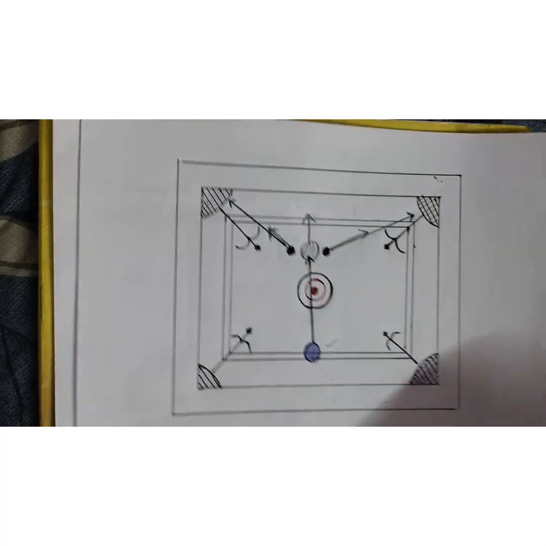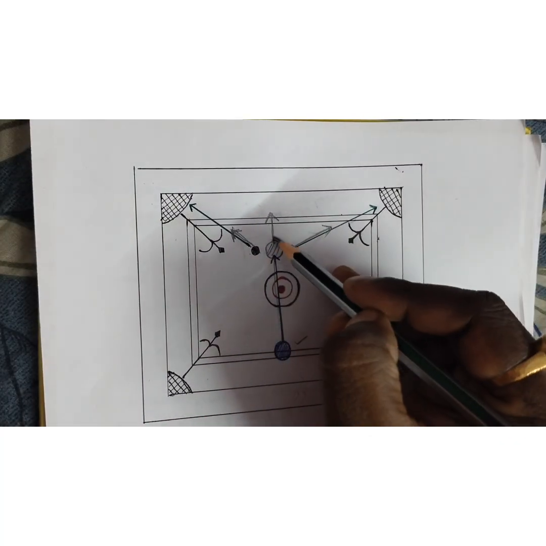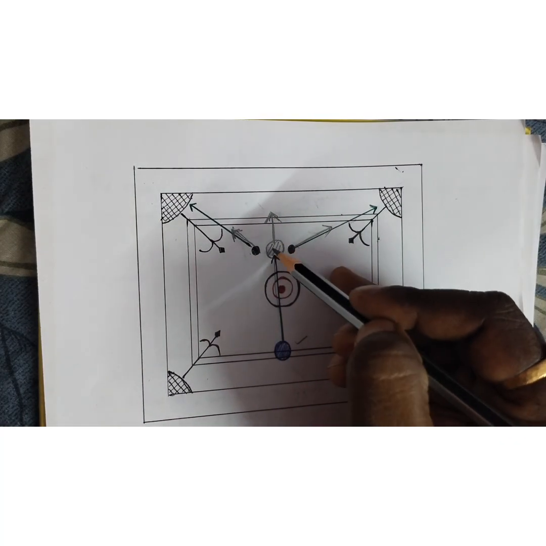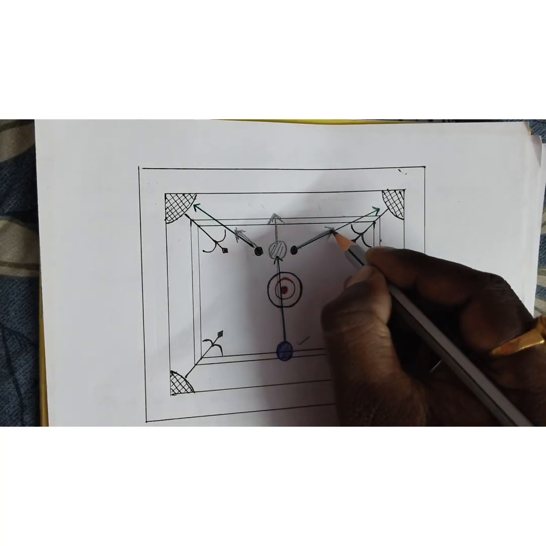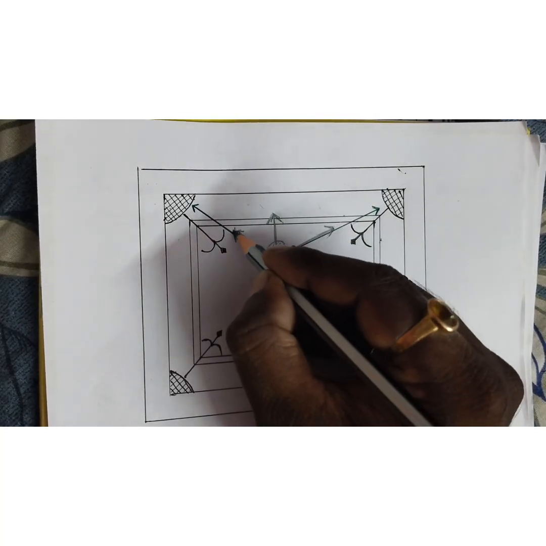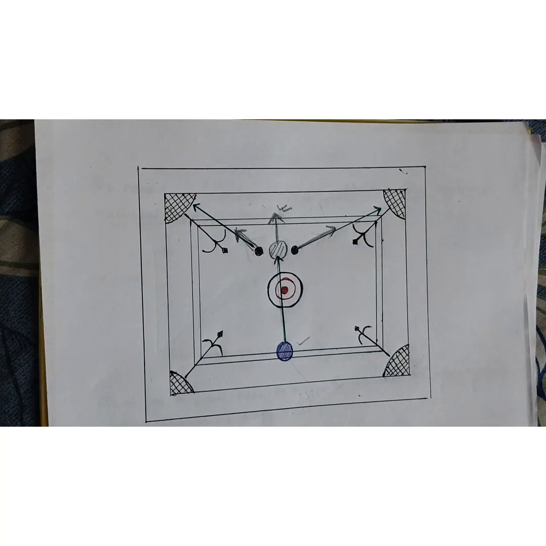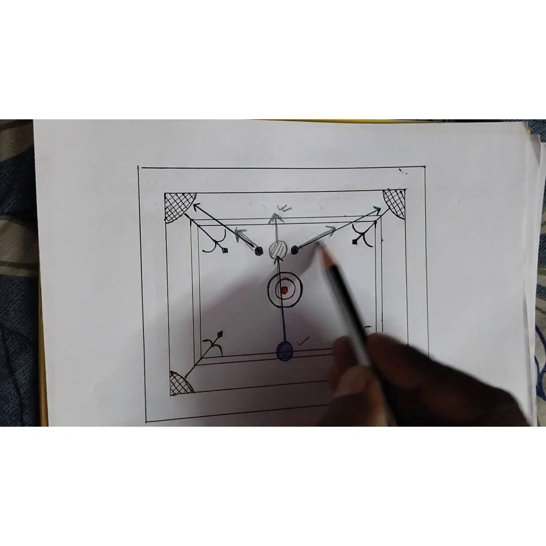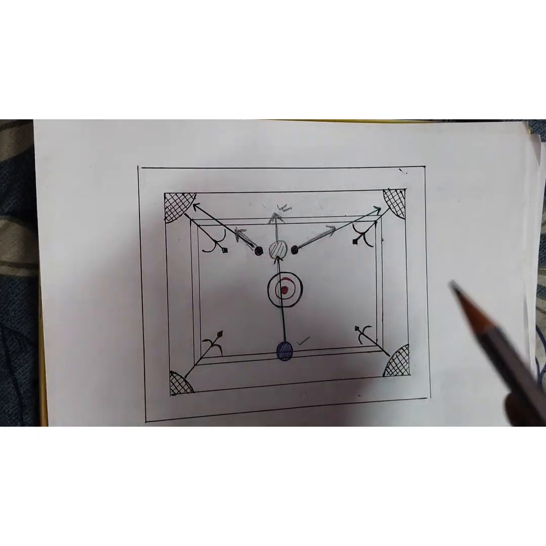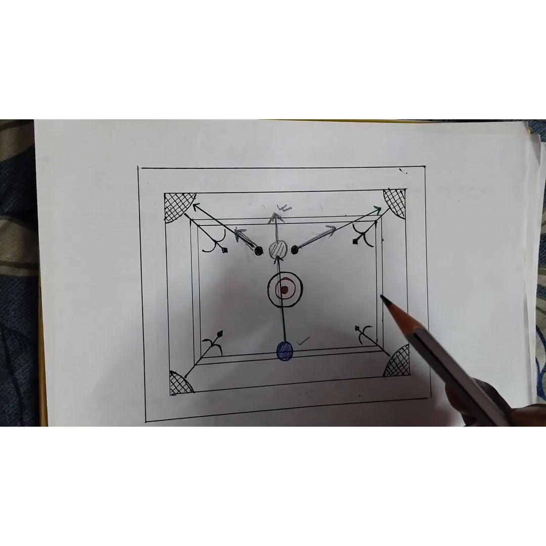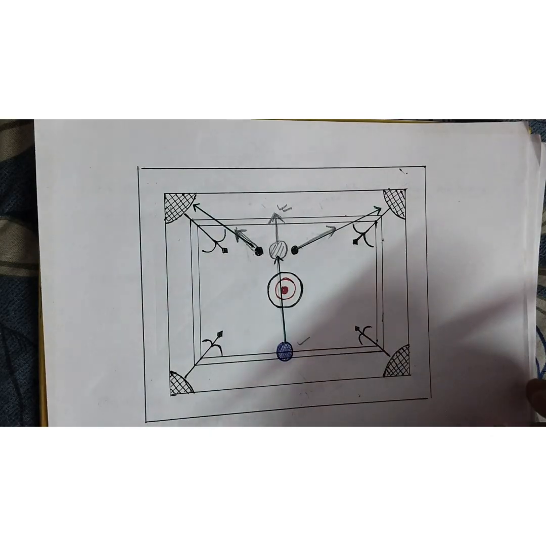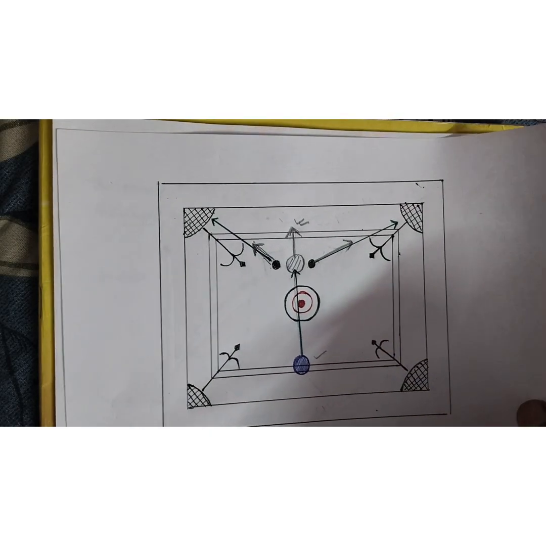That means in this case, this vector is split into two vectors, and these are the two component vectors of this vector. Due to these component vectors, the 2 points move into their pockets. So this is one example of resolution of vector.